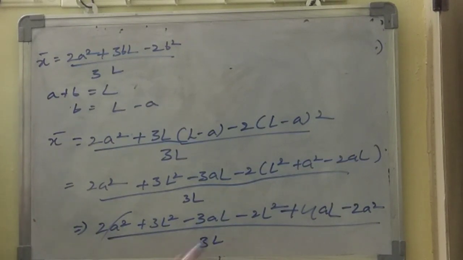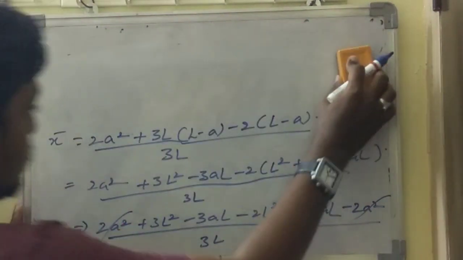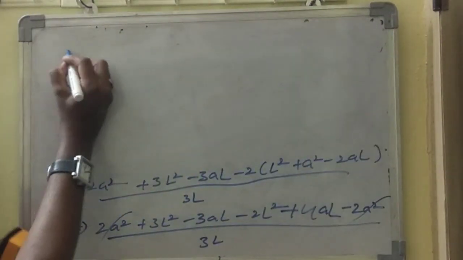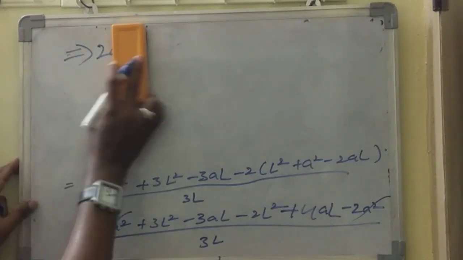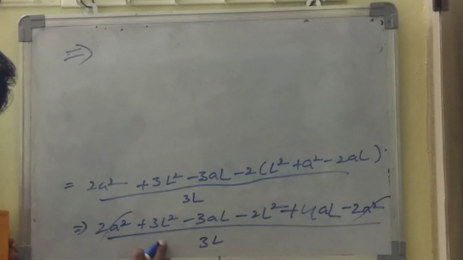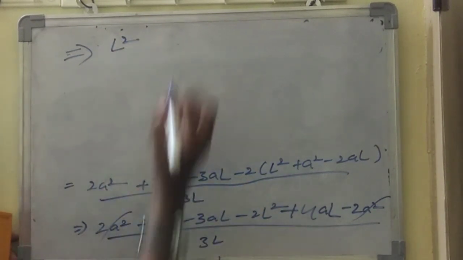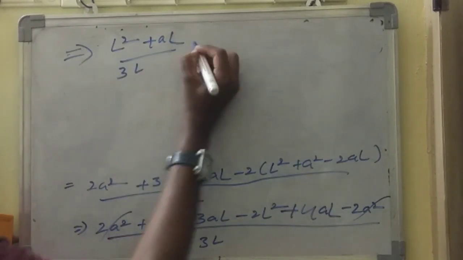So cancel these two values. Again here, 2A² cancels. 3L² minus 2L² will be equal to L², then −3AL plus 4AL gives AL, over 3L.